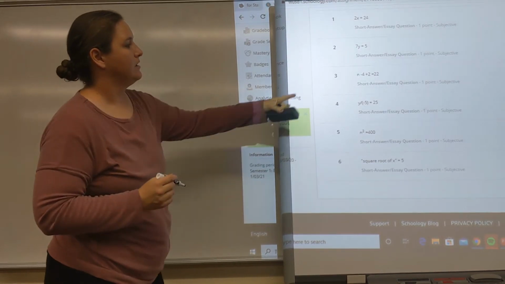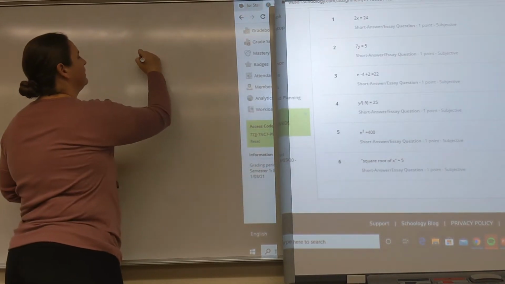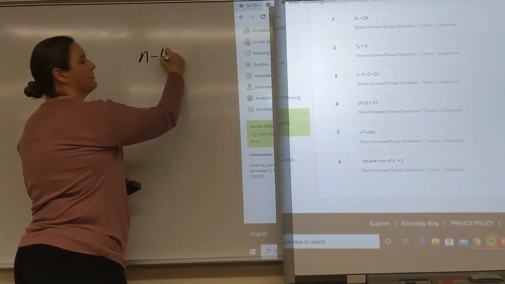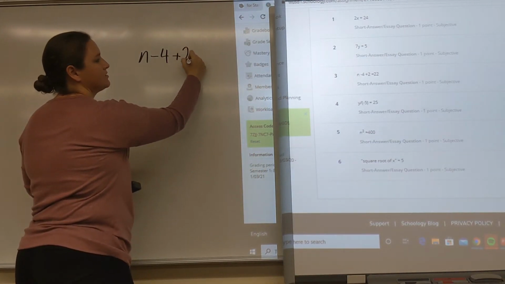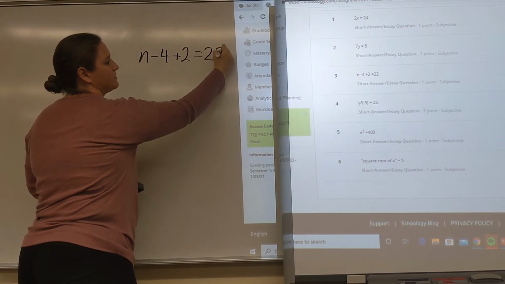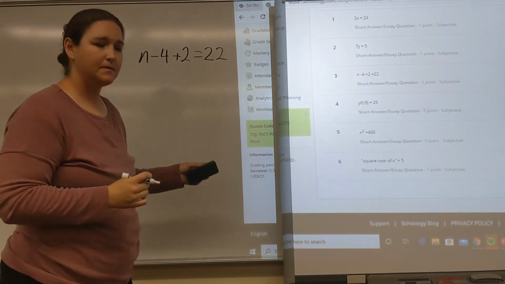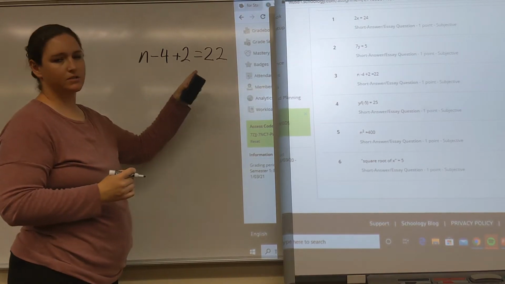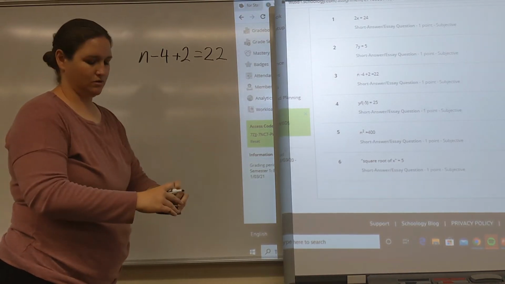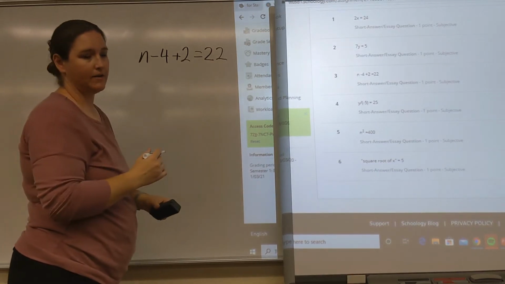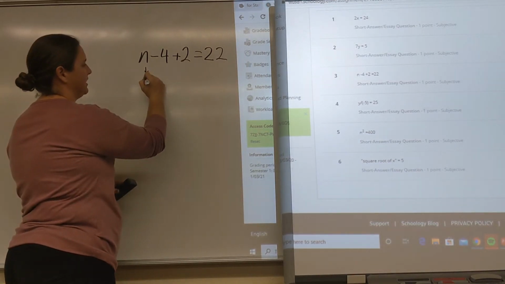Okay, number 3. n minus 4 plus 2 equals 22. Now, a good rule of thumb in some of these is to first combine like terms. Now, there's no other n's, so we don't have to worry about it. We'll just bring it straight down.